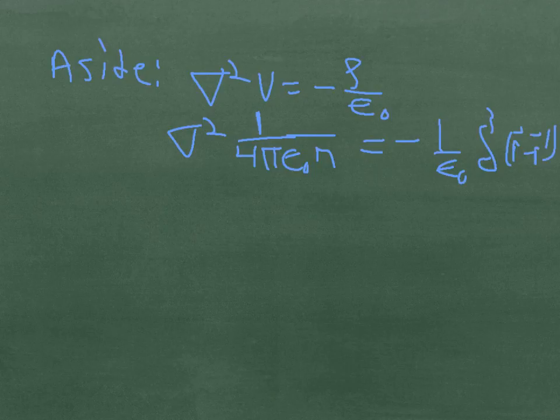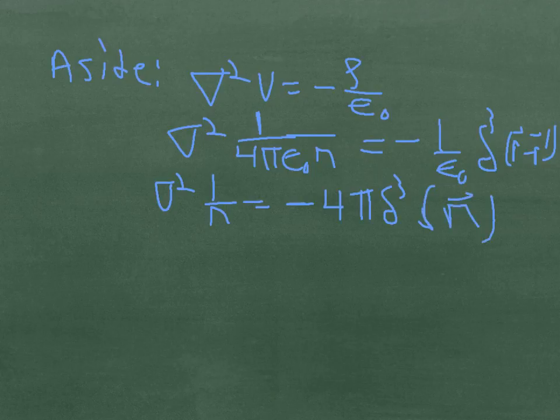So the point is, if we multiply by 1 over 4 pi epsilon naught, then del squared 1 on script r is equal to minus 4 pi times the three-dimensional Dirac delta function of script r. That's an easy way of remembering it, because you know that del squared V is minus rho on epsilon naught, and you hopefully remember the potential for a point charge.